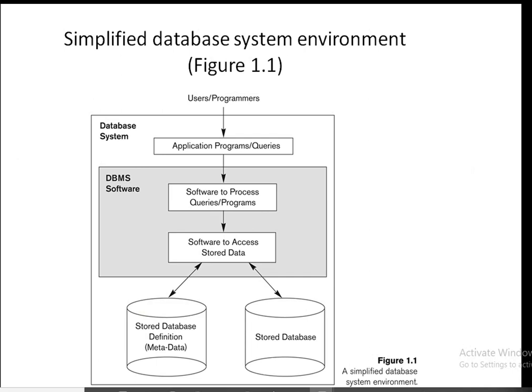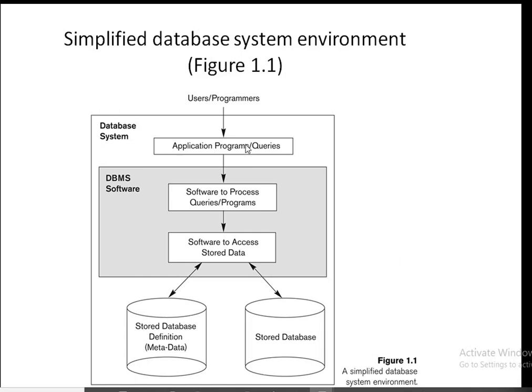This diagram shows the database environment. It shows detailed information about what the database environment looks like. You can just observe the diagram. There is a database system, the DBMS software, and also the physical location where the database is stored.